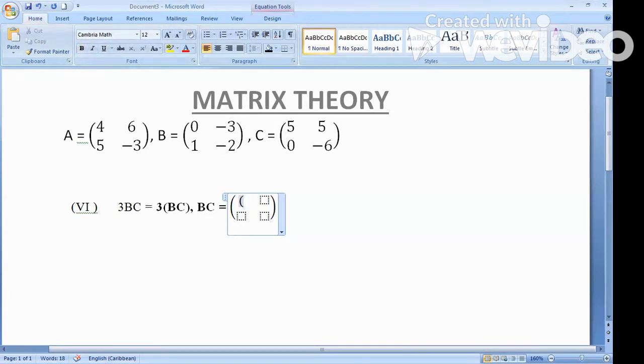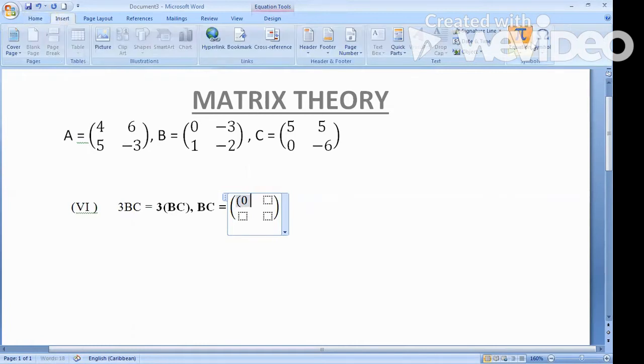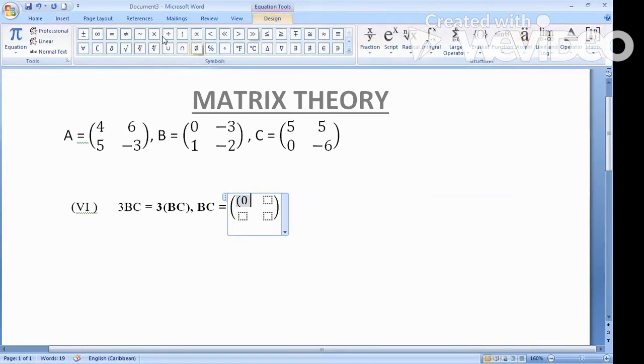Okay. So I have row by column: 0, 1. So 0 times 5 plus negative 3 times 0. Go with the other side now.